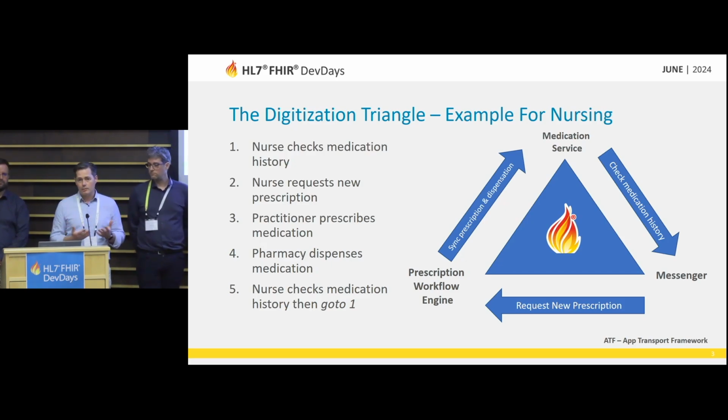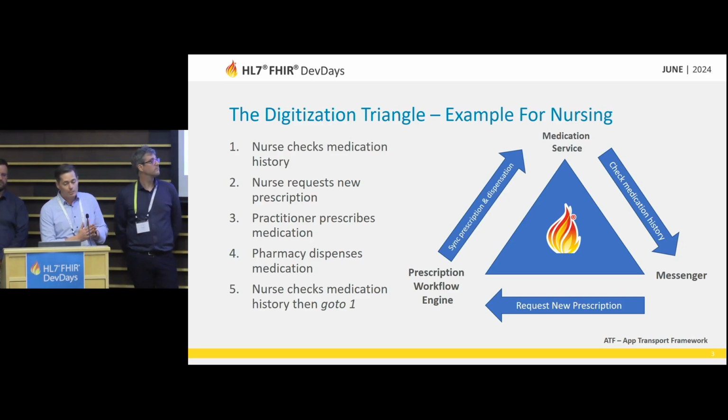And finally, it's dispensed by the pharmacist while it's picked up by nursing home staff. And in the background, all this data, the dispensation data and the prescription data, is automatically synced with the EHR, with the medication service. And the medication history is updated as well. And the next time when the nurse looks at this medication history, he sees an updated list. So it's an easy use case.